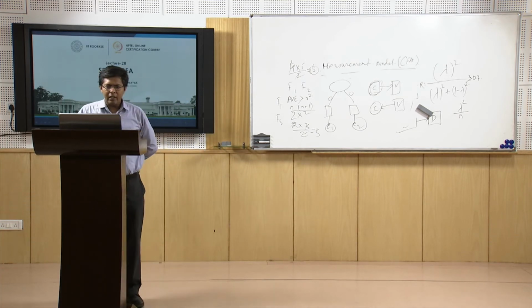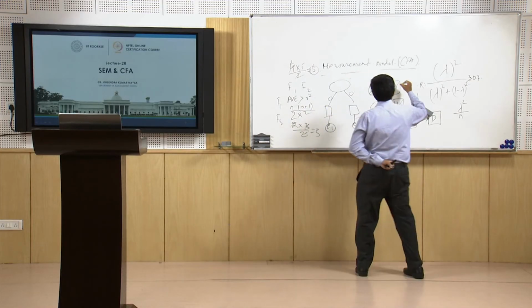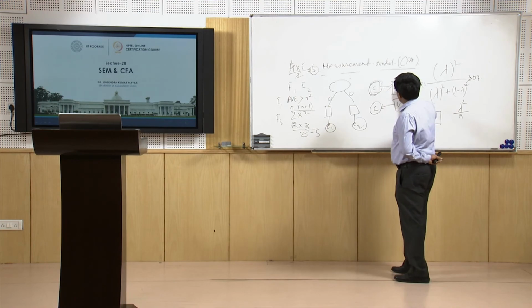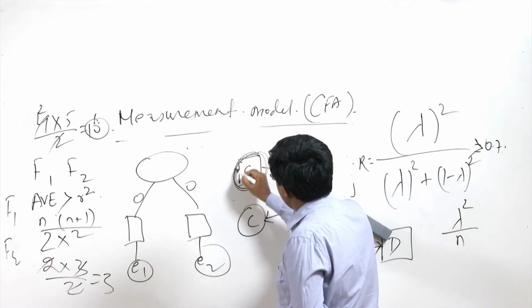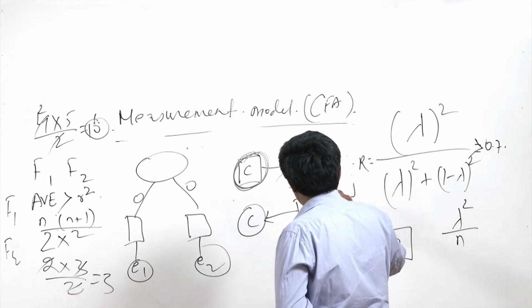Now, it is written out here, you can see formative constructs are not latent, right, and are not validated. Oh sorry, I think I said reflective, this is reflective, sorry, this is formative.